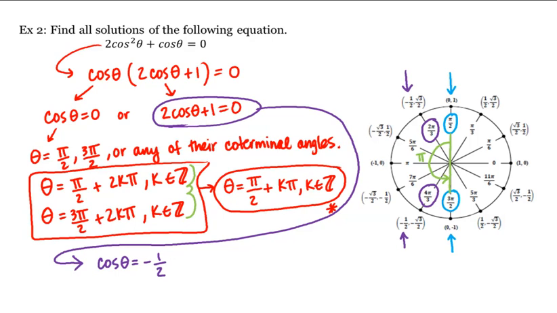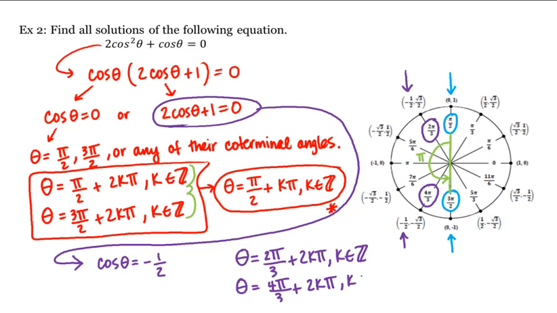Which means the solutions to this second equation are given by theta is equal to 2 pi divided by 3 plus 2k pi, where k is an integer, and theta is equal to 4 pi divided by 3 plus 2k pi, where k is an integer.